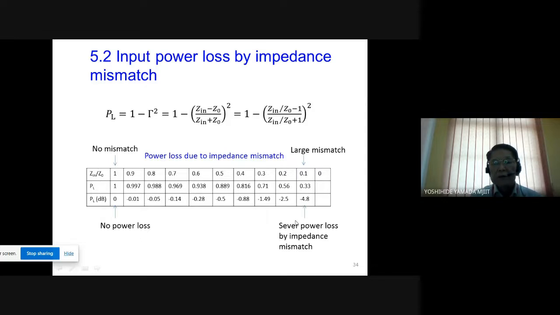So this part, the mismatch, is very large. Then the reflected power becomes large and the input power loss becomes large. In this case, no mismatch, so no power loss happens. The power loss is calculated by this equation.